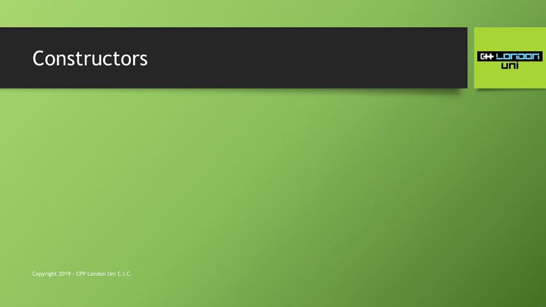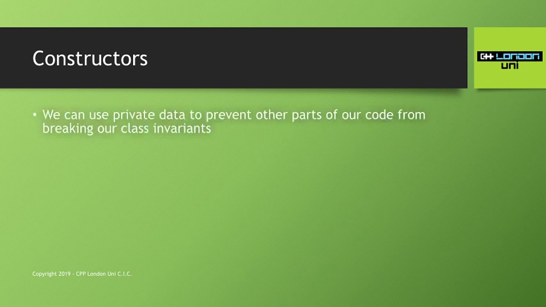But what about building our thing in the first place? About establishing our invariants. And there's actually something a bit more immediate as well, and you can try this out now if you like.